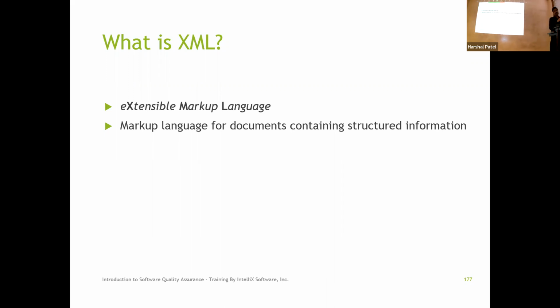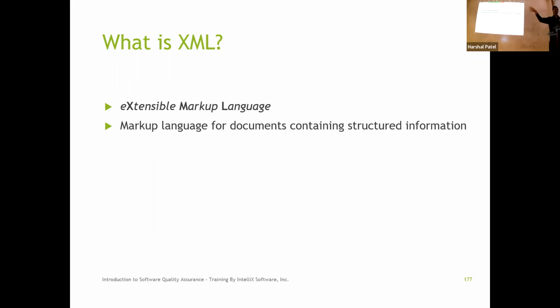Now when I send this information over to the payment gateway, how do I make sure that the amount is not interchangeable with the CVV, right? I need to make sure that if I send it in this order, you receive it in that order only. But then what field is meant for what value? I don't know. So XML is a language used to say, I'm going to generate an XML document and send that document to you.